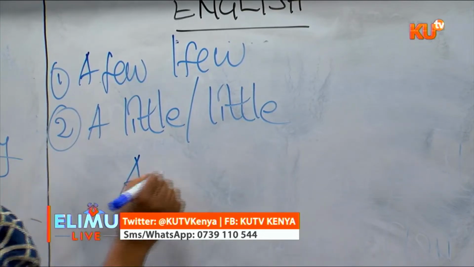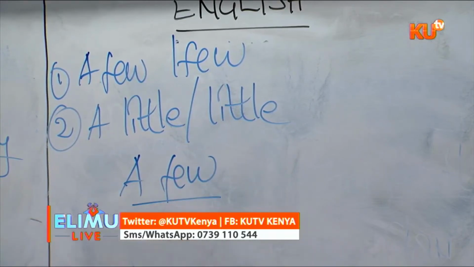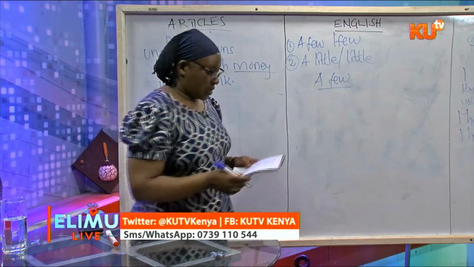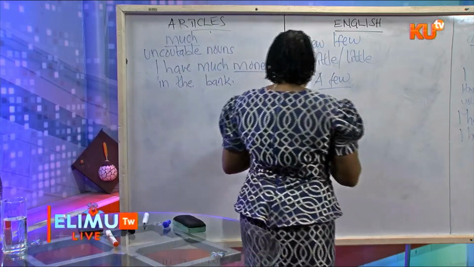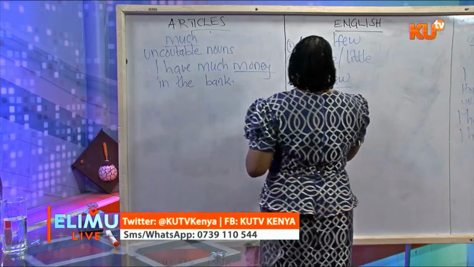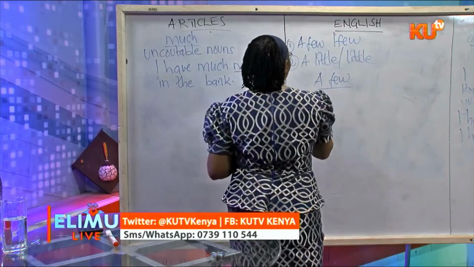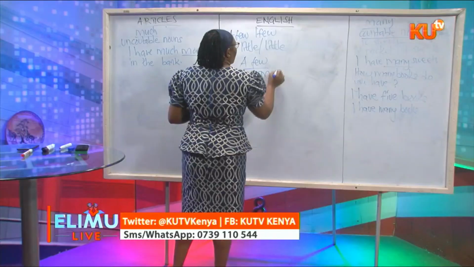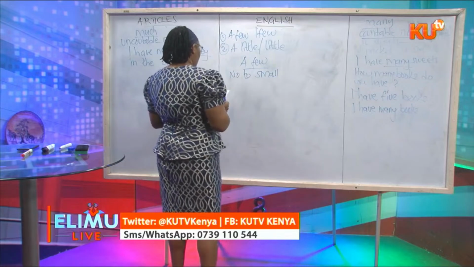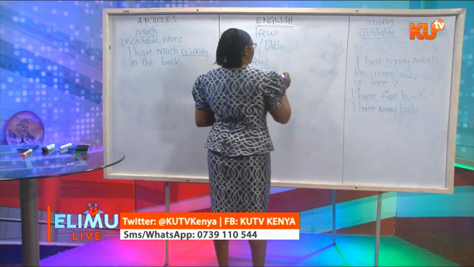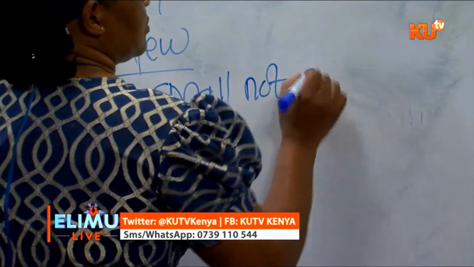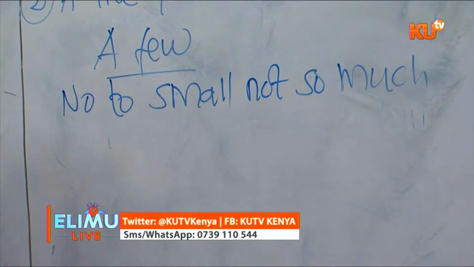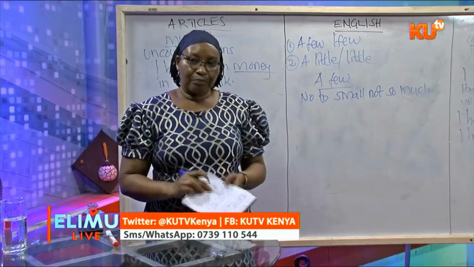So we start with a few. This word or determiner, a few, means that it is something which is not so small in amount, and not so much. That is the meaning of a few.